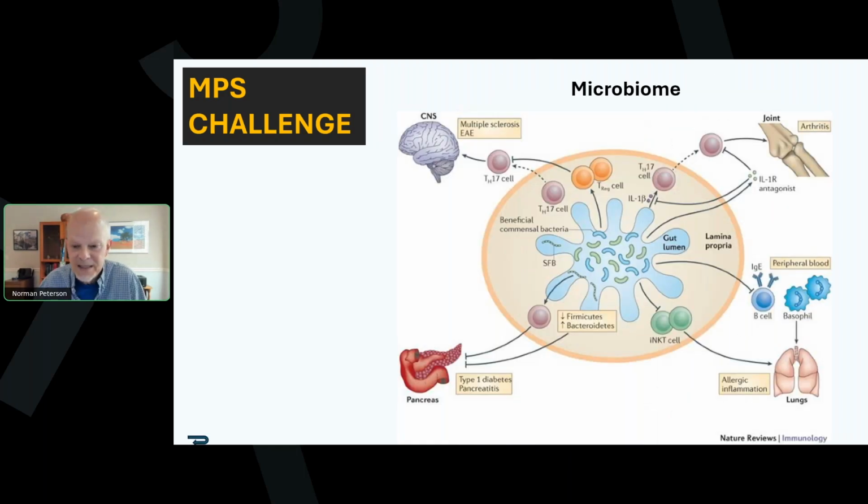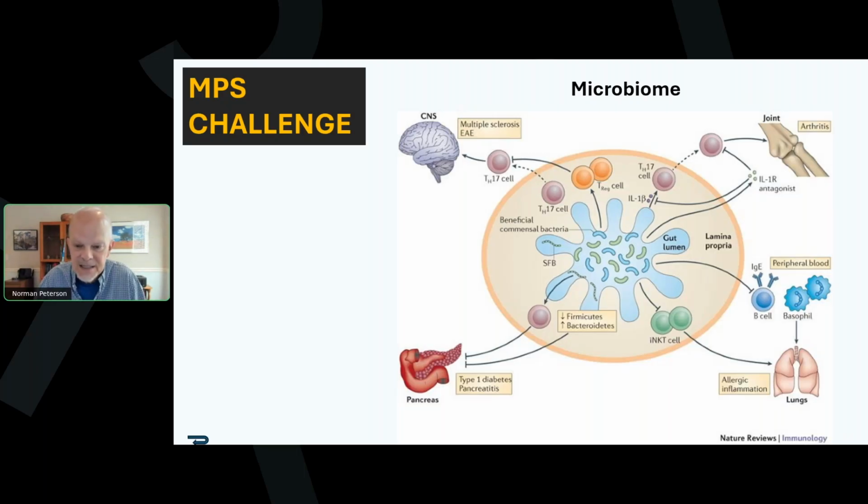The other system is the microbiome. We do have in vitro systems that look at intestinal MPS, and they've added bacteria to that. They can look at the localized effects and see how they affect different types of cells within the intestines.